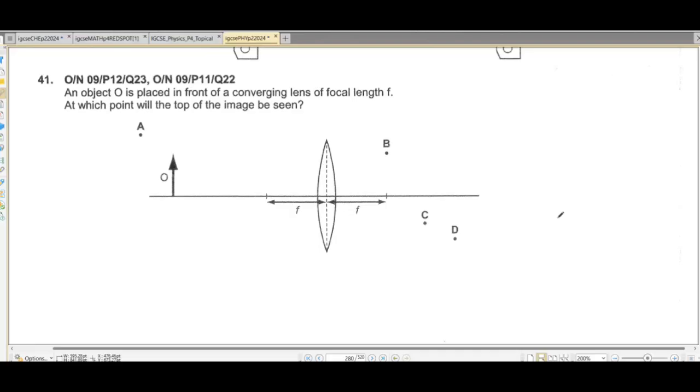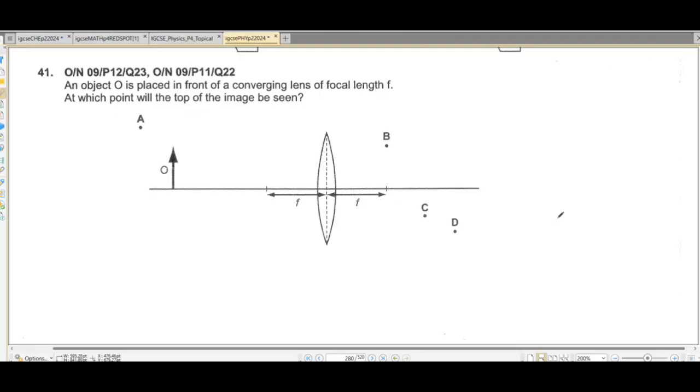An object O is placed in front of a converging lens of focal length f. At which point will the top of the image be seen? Let's make the ray diagram for that. As we have to draw the image of the top, we are going to take two rays that start from the top of the object.